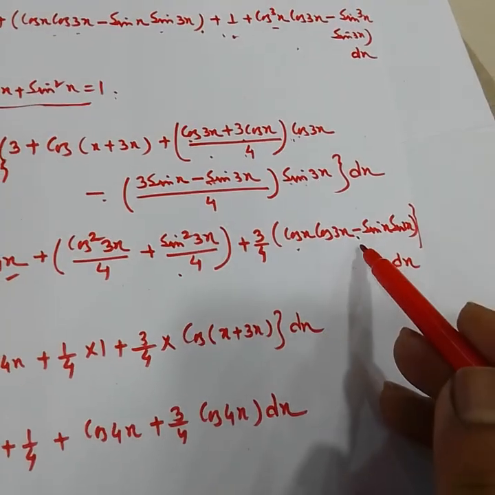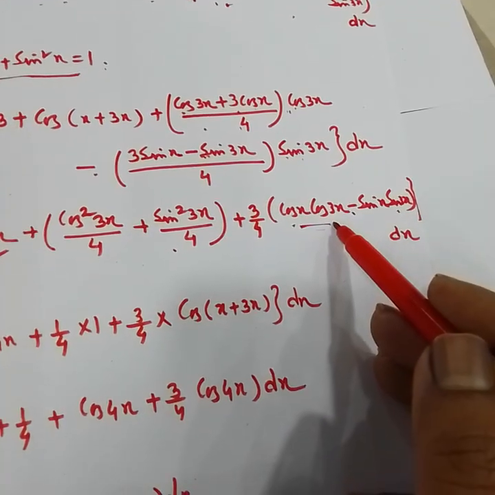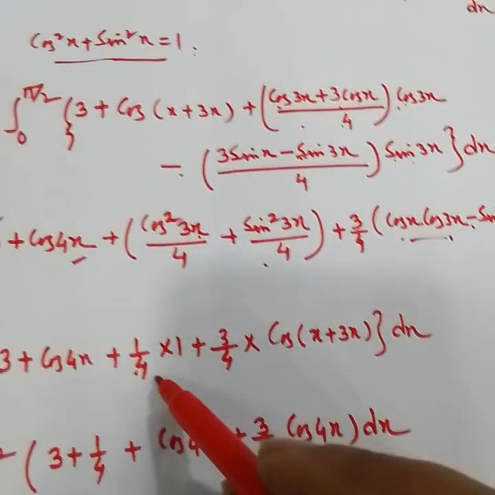Then it will be the formula of cos a cos b minus sin a sin b, which will be cos of x plus 3x. So if taking 1 by 4, this becomes 1.